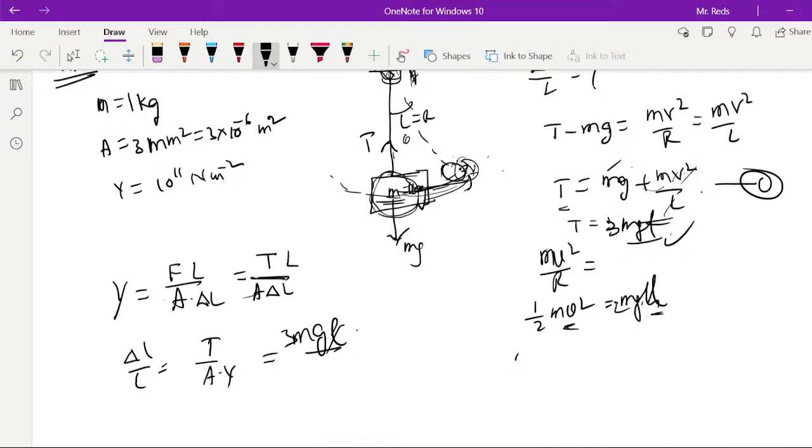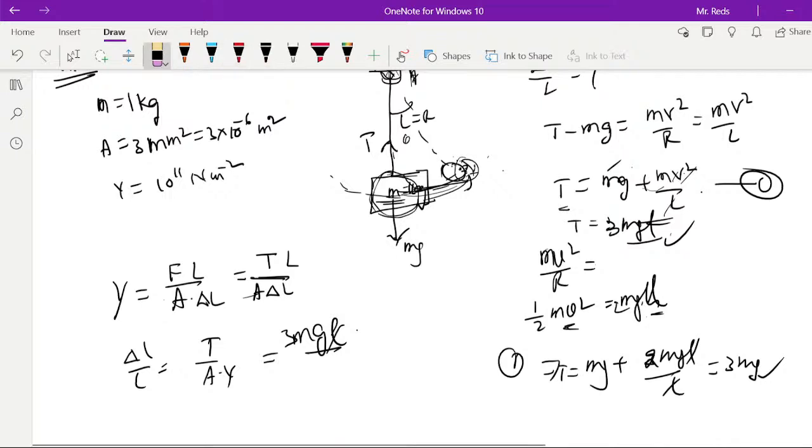If you say this is equation 1, T is equal to mg plus m v square by l, which is 2 mgl by l. L gets cancelled, you get 3 mg. In this particular case, you don't need to use this one. So 3 mg is T.